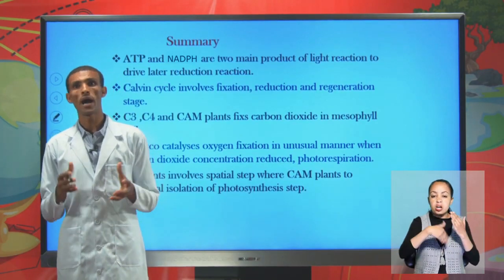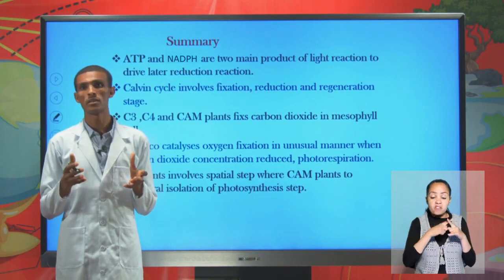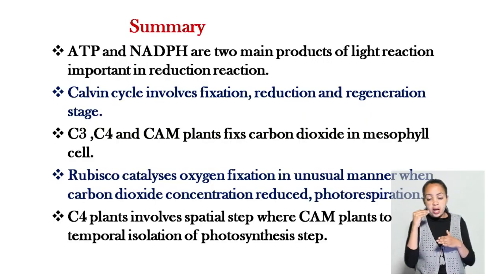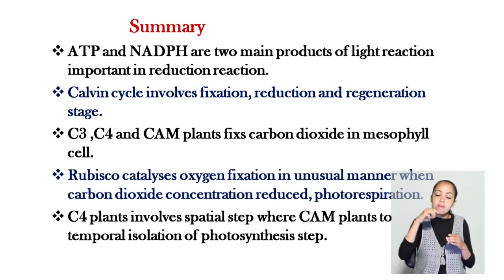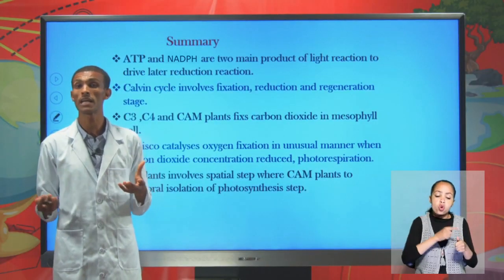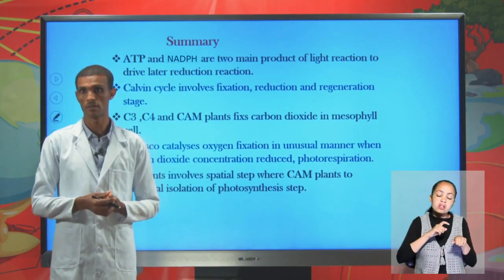Generally again, we have seen the difference between C3, C4 and CAM photosynthesis, seeing that carbon fixation commonly takes place in the mesophyll cell. Finally again, we have seen that C4 plants evolved with a spatial separation step of photosynthesis, whereas CAM follows temporal or seasonal adaptation of photosynthesis.